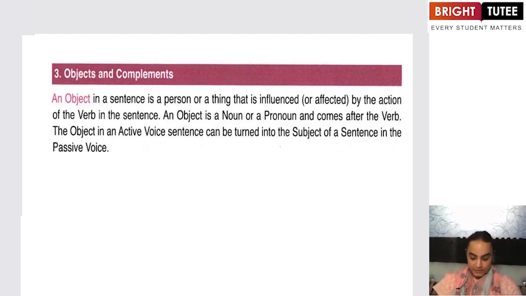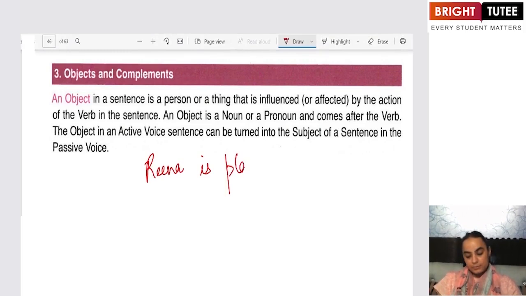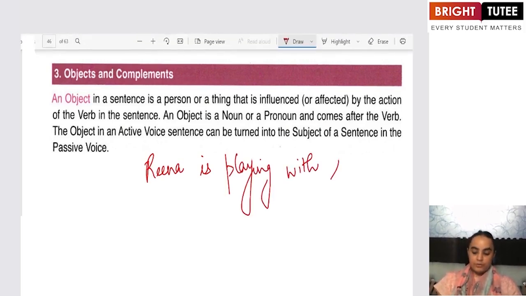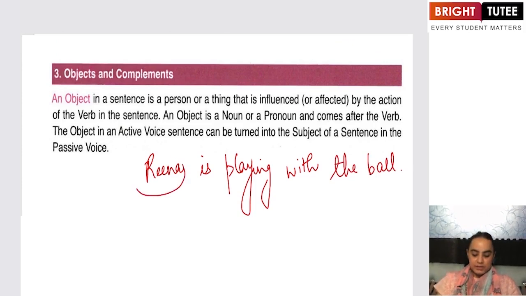If I say, for example, Reena is playing with the ball. What is my subject in the sentence? Reena is my subject, right? What is my verb?